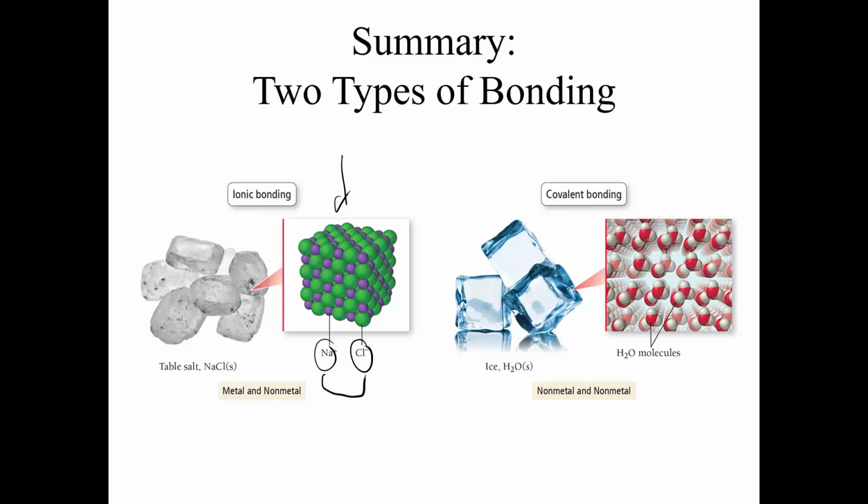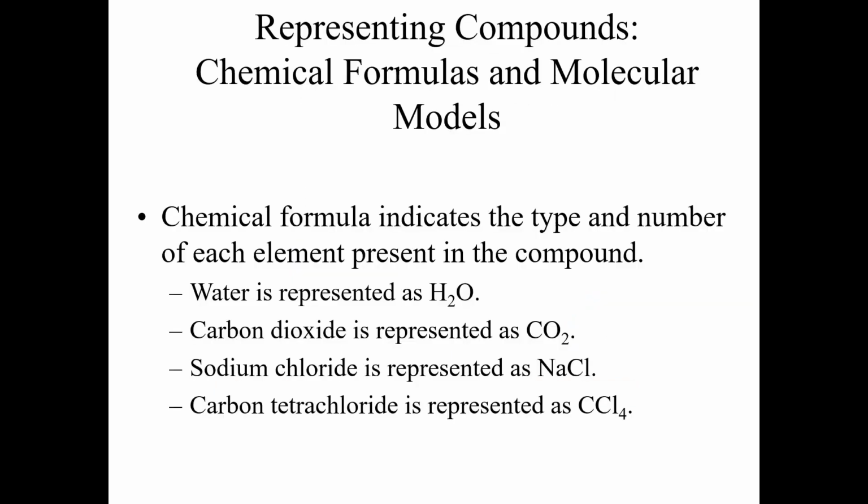All right. Okay, so how do we represent these covalent compounds or any kind of compound with a chemical formula, right? Well, every compound, every substance is going to have a certain number of atoms of each of its components, right? Like water has 2 hydrogens and 1 oxygen here.